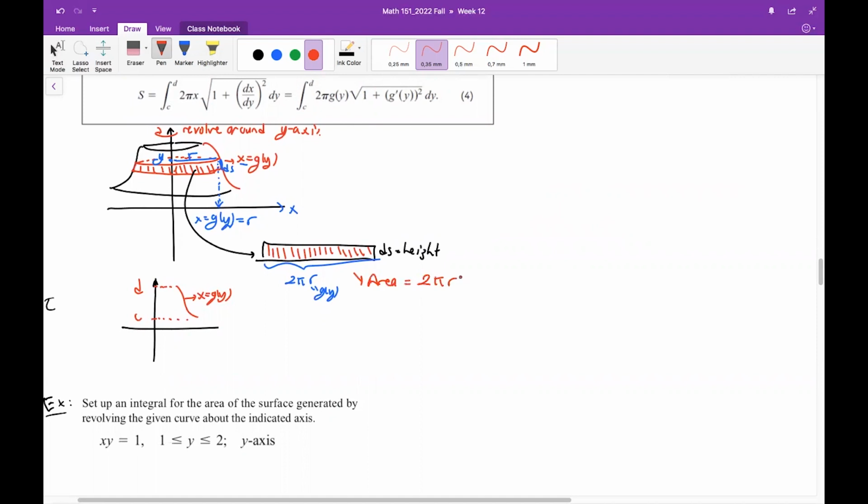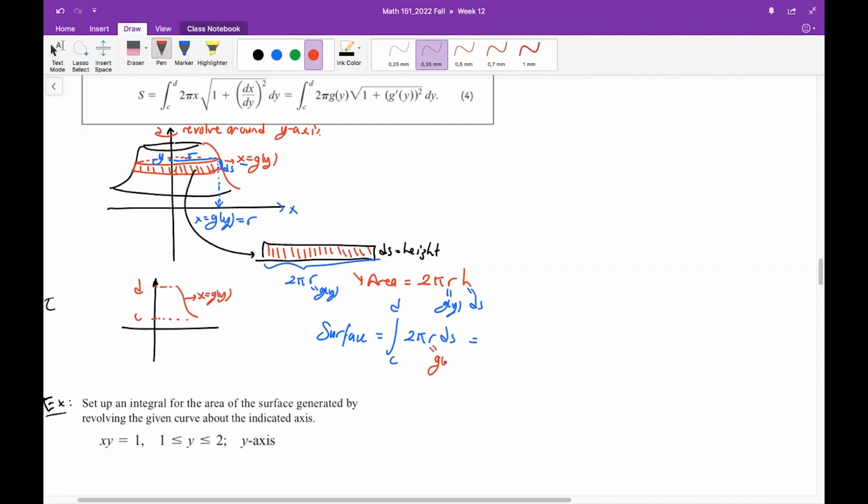It is 2 pi r times the height h, where r is, in this case, given by g of y and h is given by ds. Then the surface area is a continuous summation of all those areas of this strip. So continuous summation means that you are integrating it from the point c to the point d on the y-axis. So from c to d.